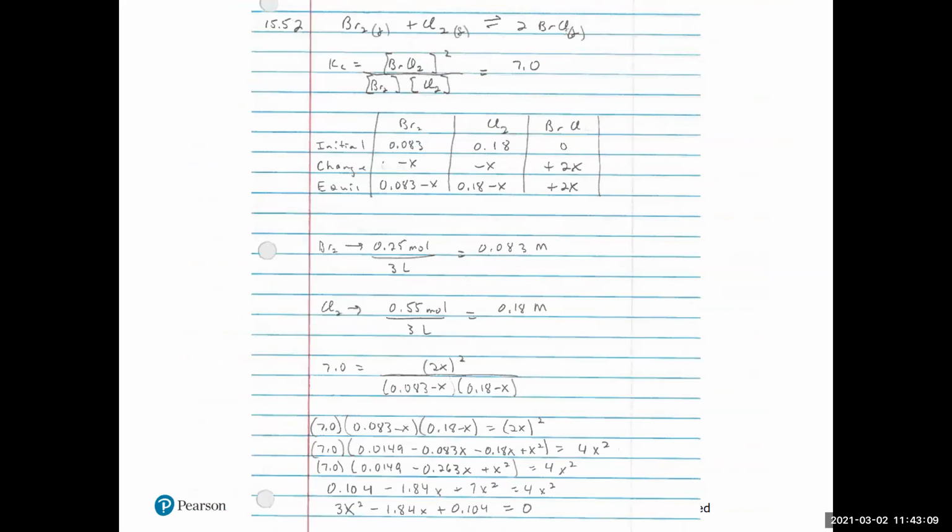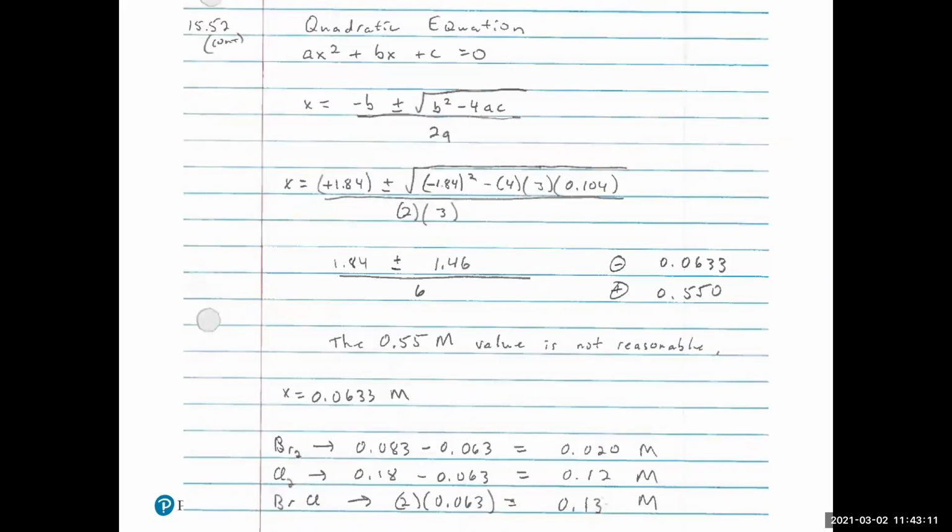So now we can use our quadratic equation. Once again, the quadratic equation itself was x equals minus b plus or minus the square root of b squared minus 4 times a times c, that whole thing divided by 2a. Okay? So now we want to plug in the numbers.